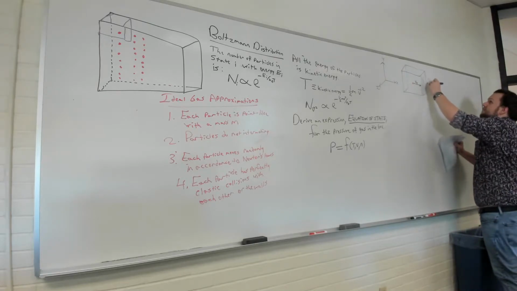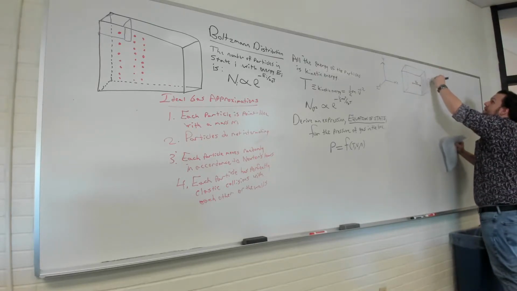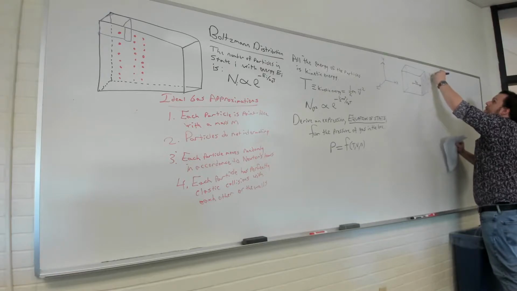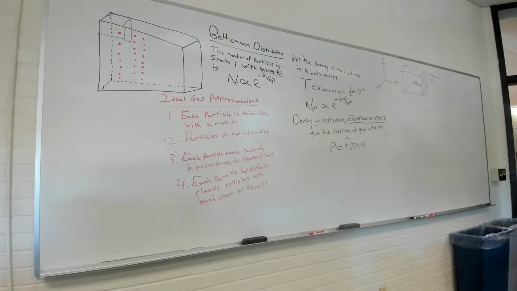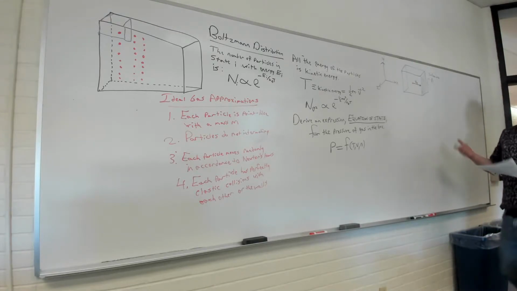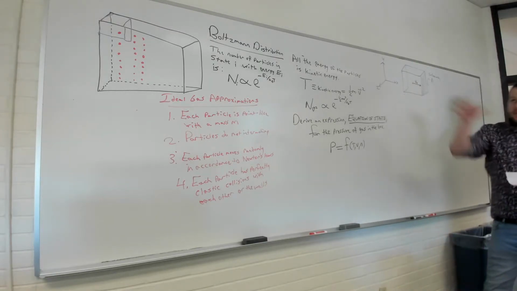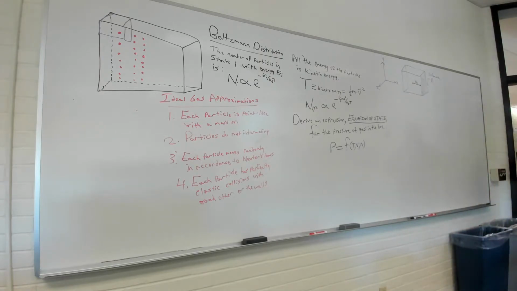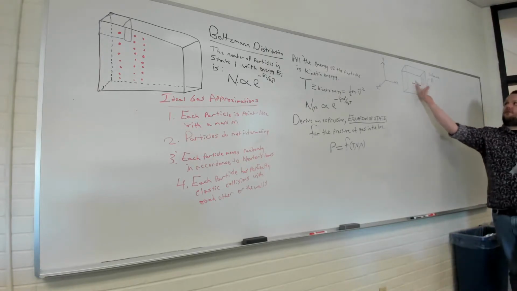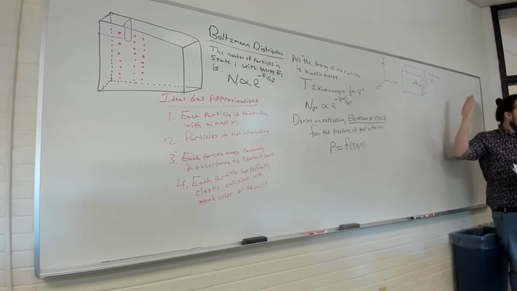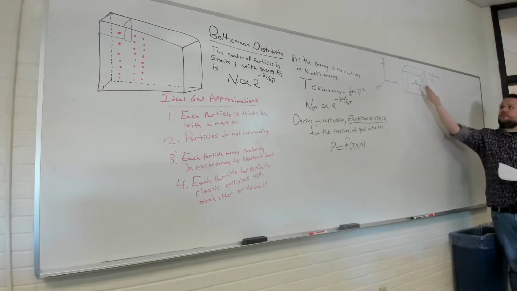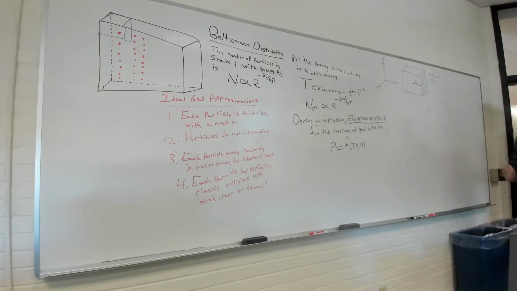And it has surface area A. So the wall of this little mini box has surface area A. And remember what the definition of pressure is in some ways inside of the system. Pressure is a function of how much force is being exerted against the walls of our boundary by the particles colliding against them. So pressure is exerted by the particles hitting the wall and colliding with them.